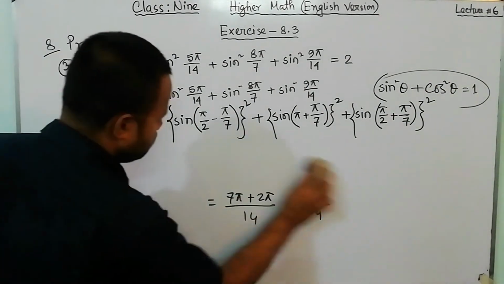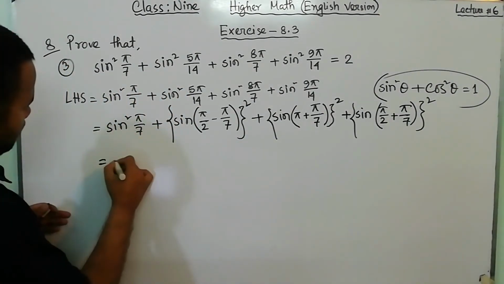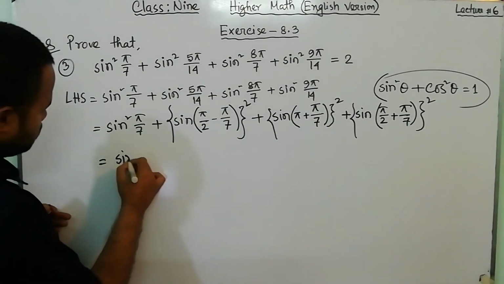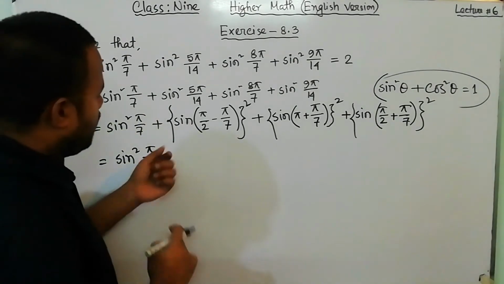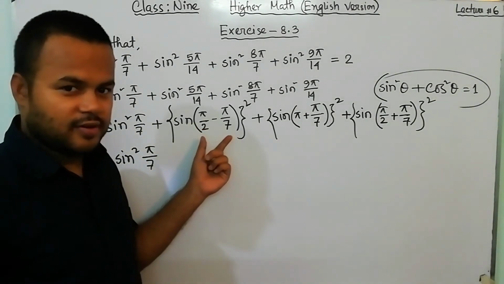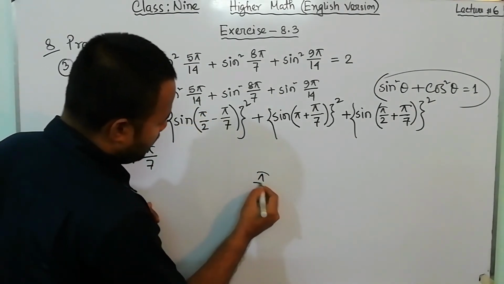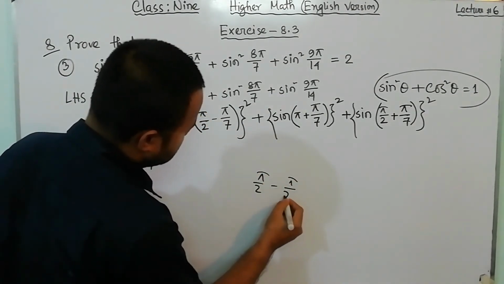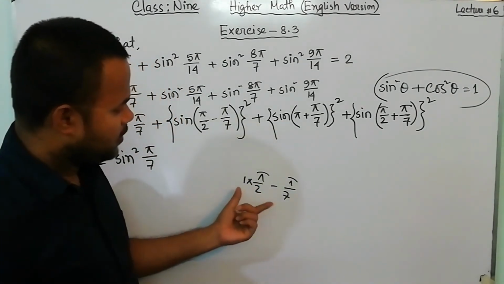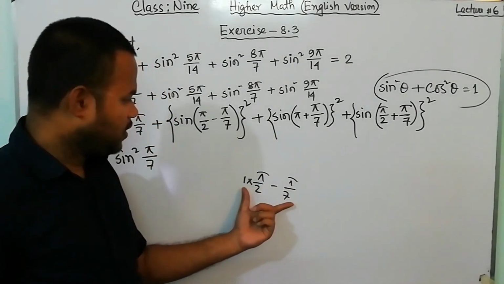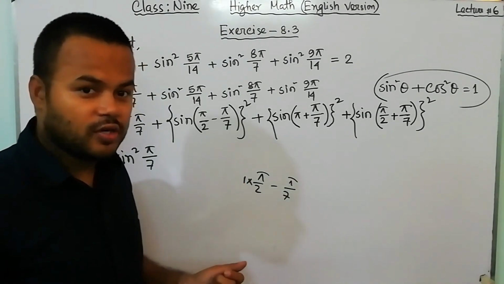Now the ratio is sine square pi by 7 here. Look at this term. Here pi by 2 minus pi by 7, that means here we can write in the form of this. Here the value of n is 1, which is odd.